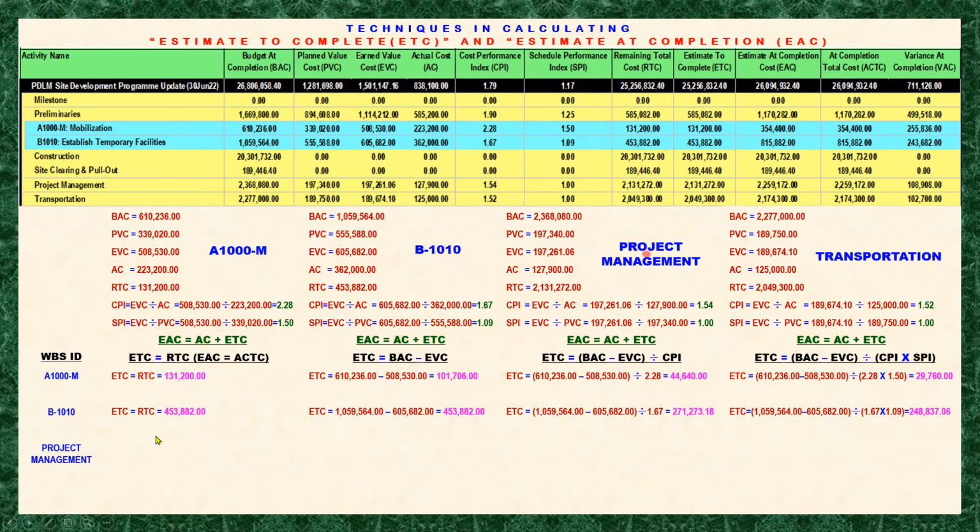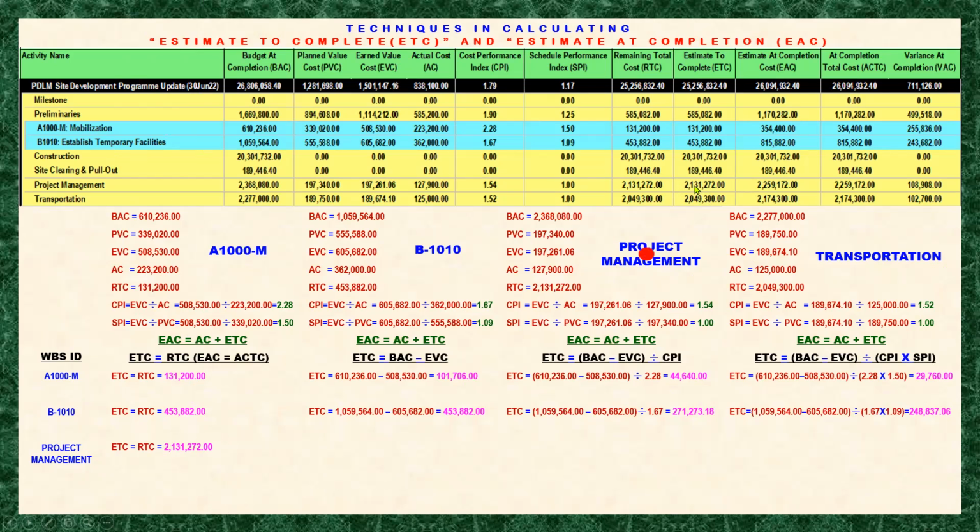We are only calculating all the estimate to complete at once, and then the next will be the estimate at completion, so that it will be in order. Okay, here is the value of the project management. The RTC, when you look at it here, is 2131.